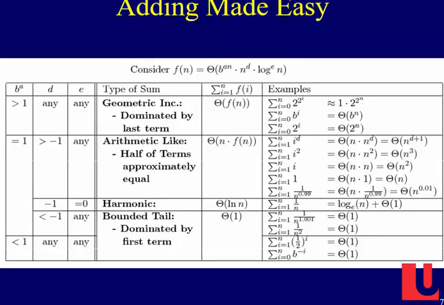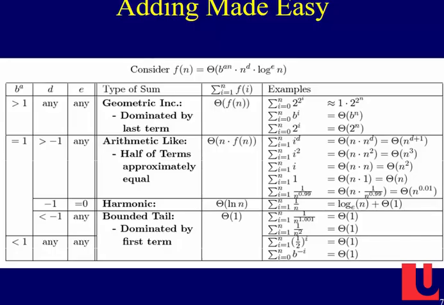Yes? Last example. I think you know what it is. 1 over 5 to the 0 plus 1 over 5 to the 1 plus 1 over 5 to the 2. Right? So they're shrinking.